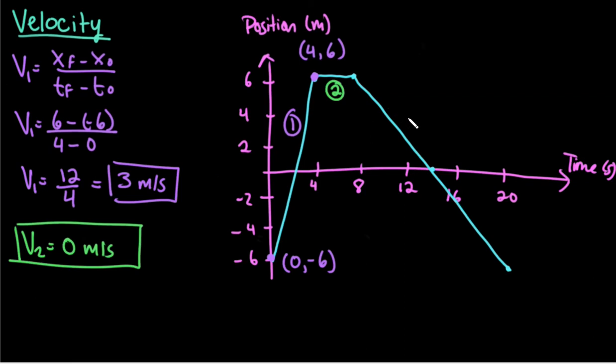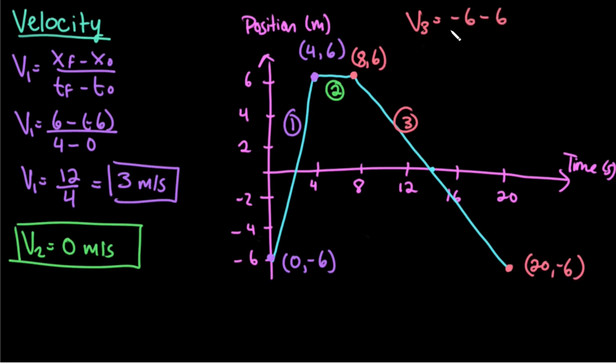Last, let's calculate this section right here. So v3, I'm going to put that up here. I'm going to identify my starting position, which at this point is 8, 6, and then my final position, which is down here, which is at 20, negative 6. So I'm going to put my numbers in. My final position is negative 6.